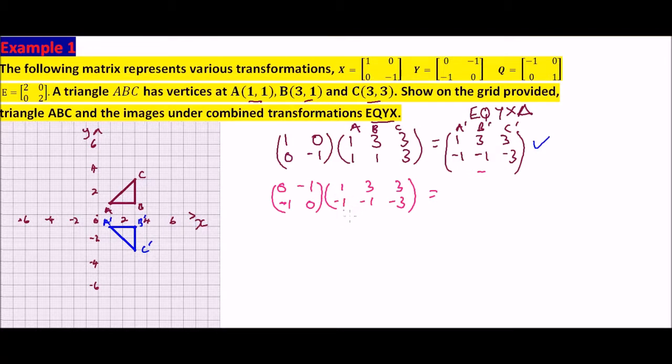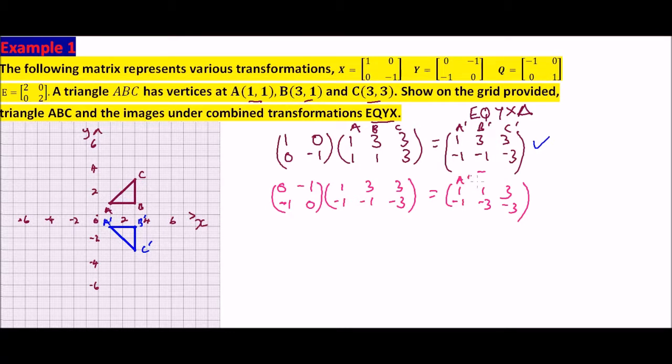So the first row will be 1, 1, 3. Then in the second row, -1 times 1 is -1. So generally, we introduce a minus sign to that row. So this will be -1, -3, and -3. So what you need to note here is this will be our second image.